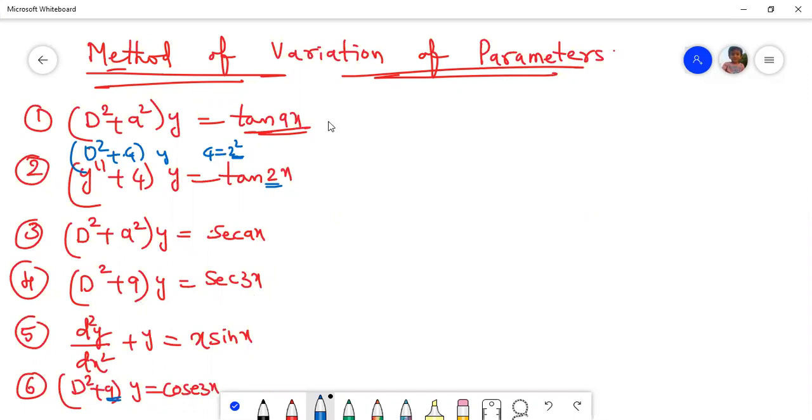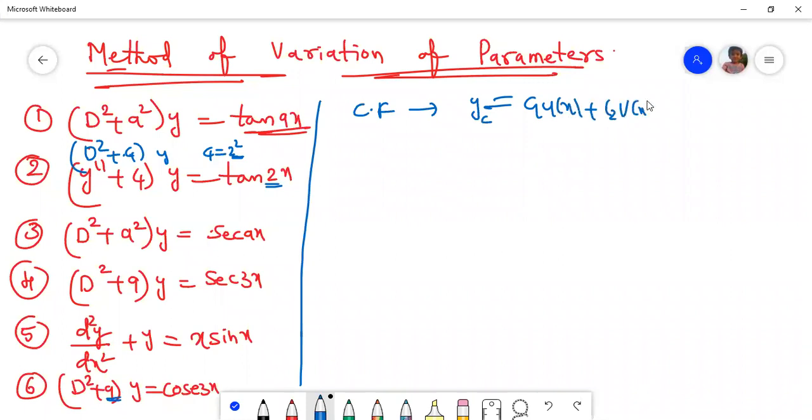Method of variation of parameters means, first of all, we find the complementary function, that is y equal to yc plus yp. That yc can be expressed in the form c1 u(x) plus c2 v(x).